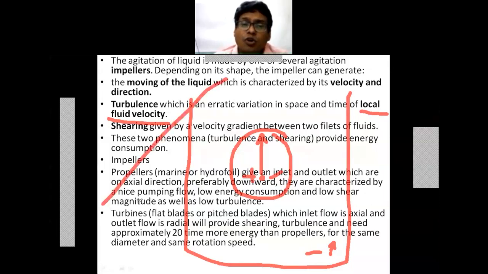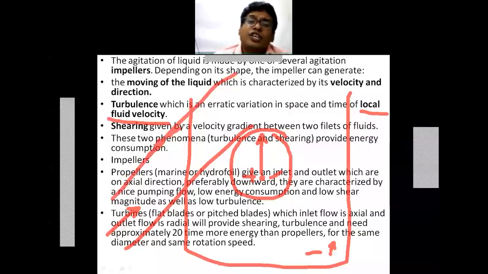Similarly, in case of pipes also, we consider the average velocity, but the fluid just around the pipe wall will have zero velocity at the surface. So this is the local velocity, which is going to vary at different points inside the vessel, and that is why we have already studied the flow patterns that develop in the pipe.